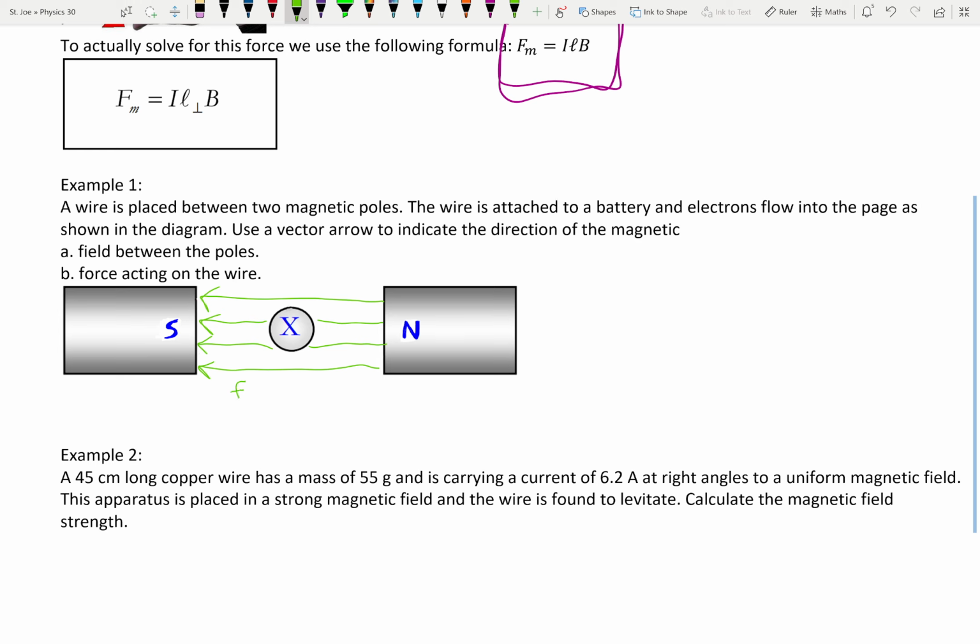So this is your fingers. The blue here is your thumb, into page. Which means, last but not least, your palm is facing which direction? Well, down. So that must mean the magnetic force is down.